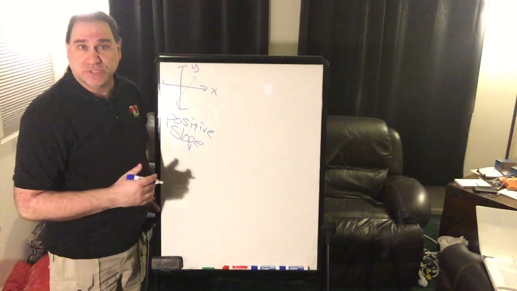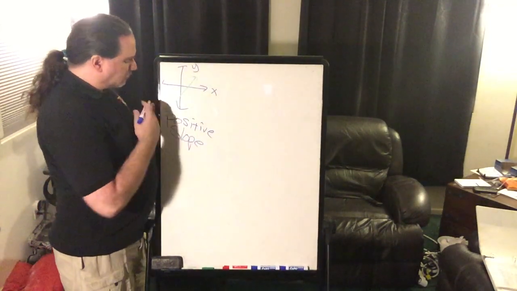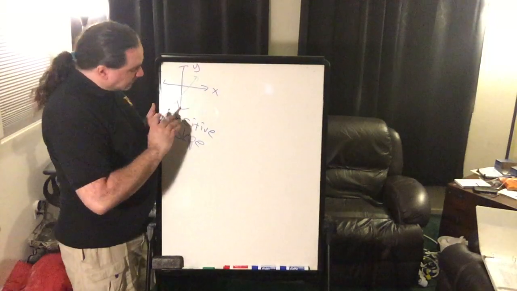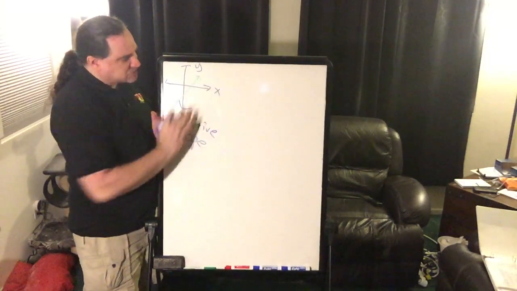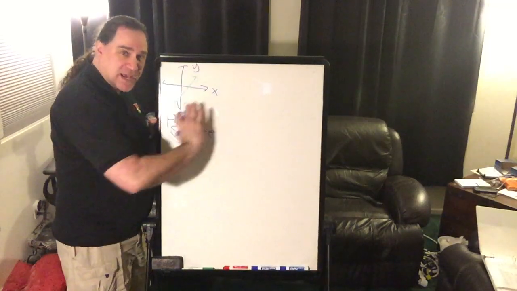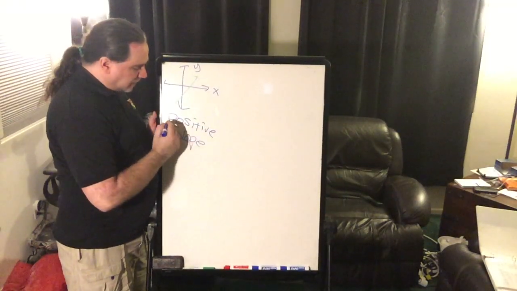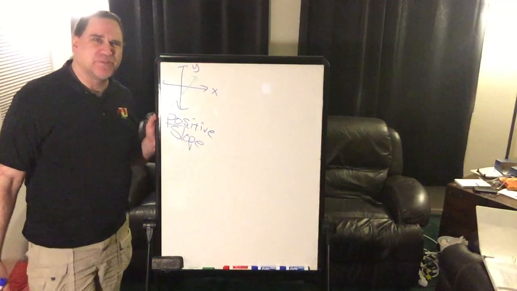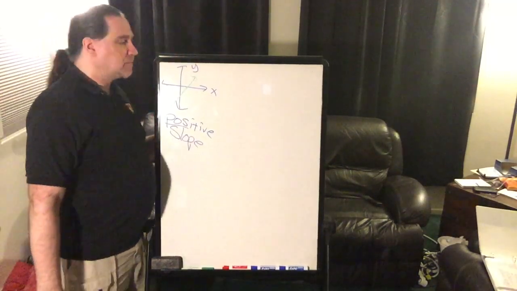English is the one we're using in this country, so let's stick with that. As my eyes go from left to right, this is clearly going up. Now the arrow says it's going in both directions, but my eye tracks from left to right, and that is why we call it a positive slope. We'll abbreviate that with POS, positive.